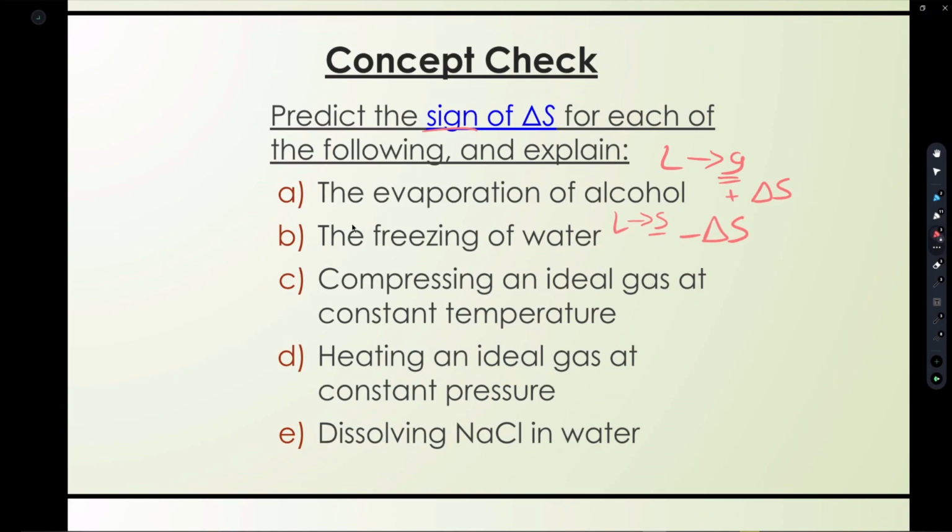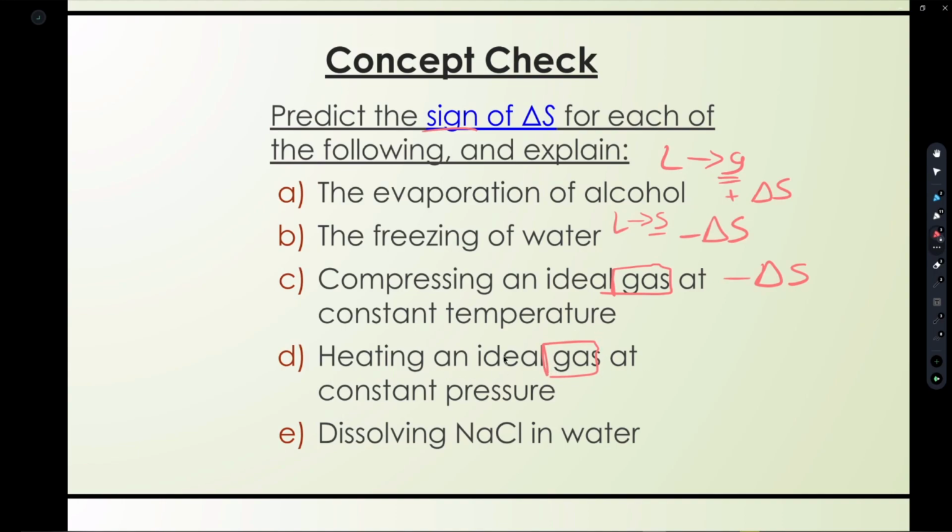Compressing an ideal gas at constant temperature. So we know that for gases, decreasing volume, in other words compressing it, decreases the entropy. So here the delta S would be negative. Heating an ideal gas at a constant pressure.